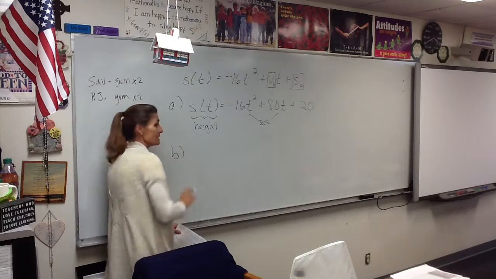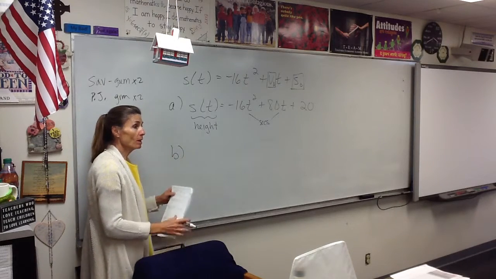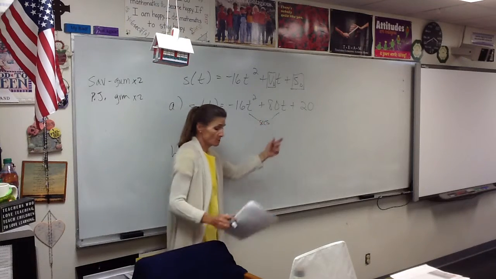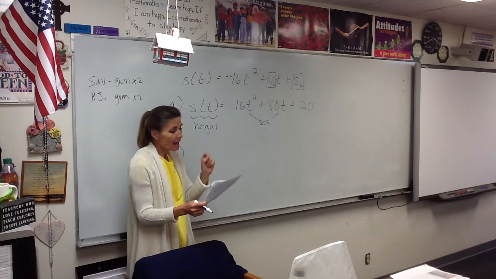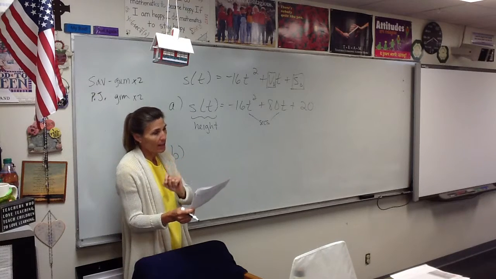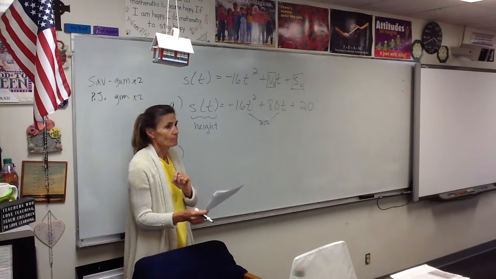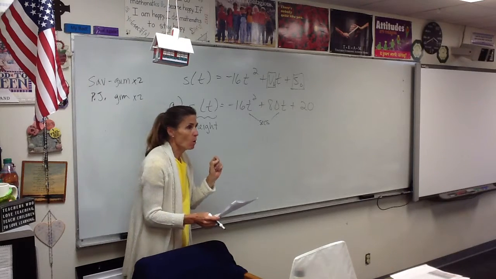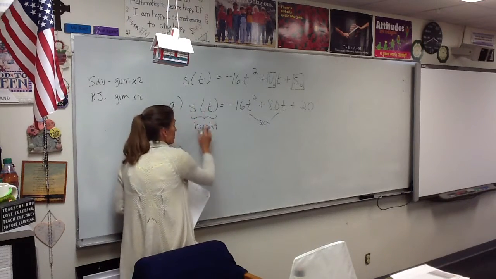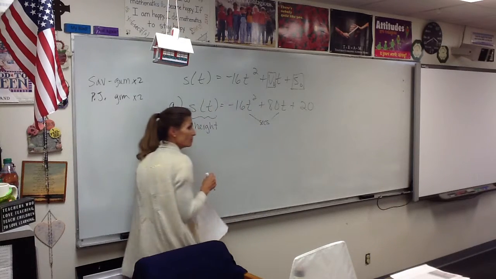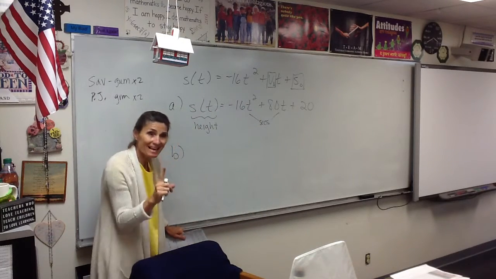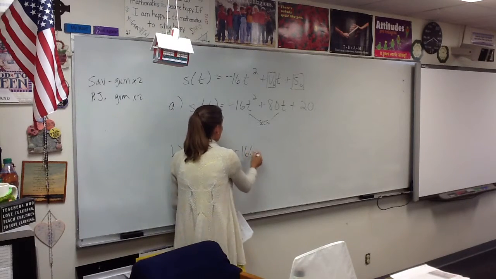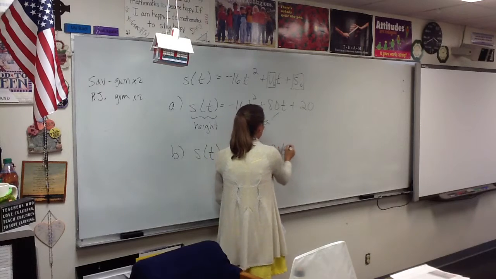So for part B, you are going to plug in either a height or a time. Let's read part B. How high is the ball after 1 second? What are you going to do with that 1? Is that 1 a height or a time? It's a time. It says 1 second. So we're going to figure out the height if we let the time be 1.